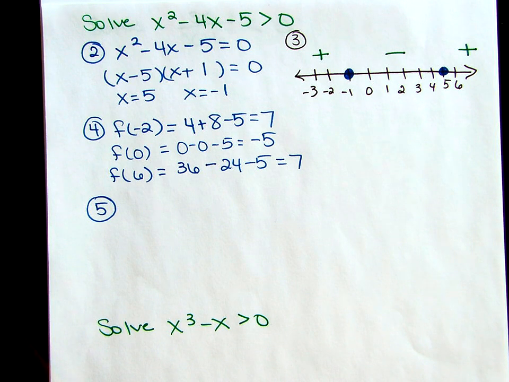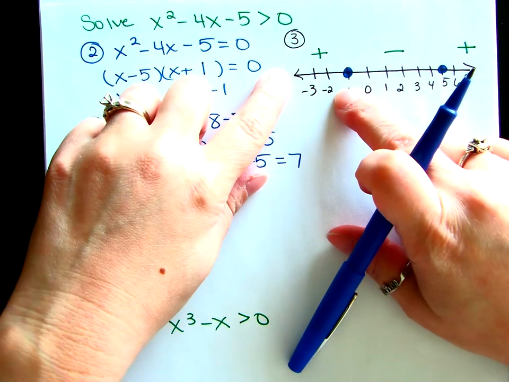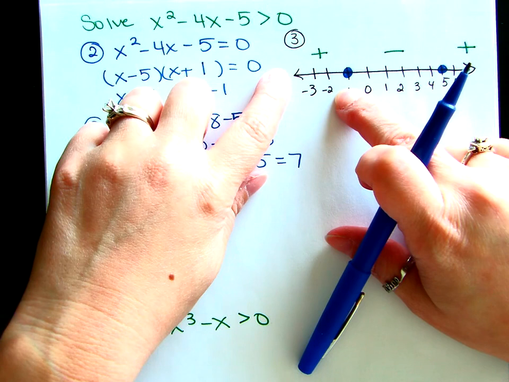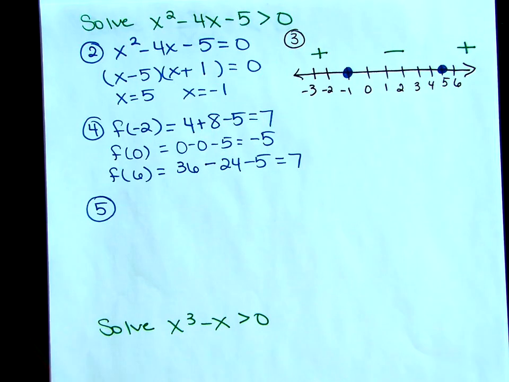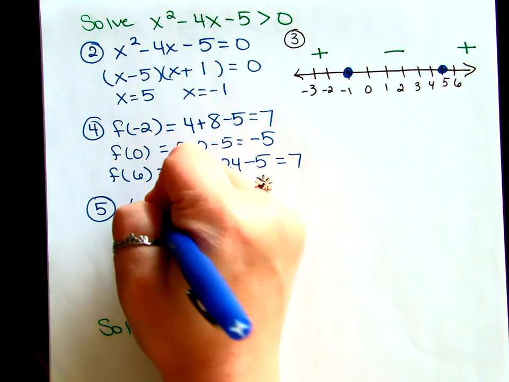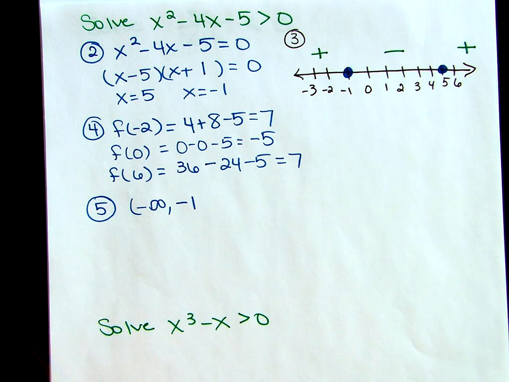So I need to look at this first interval and say, okay, how do I write this interval in interval notation? Okay, -infinity to -1. Now here's the question. Am I going to include that -1? No. Why not? Because it's not like equals to.